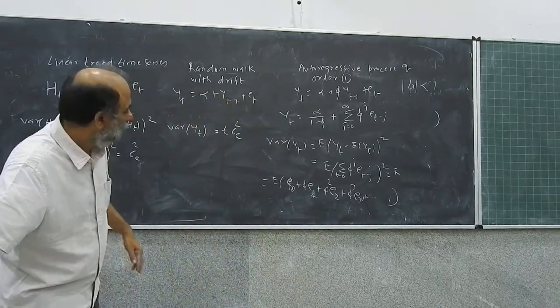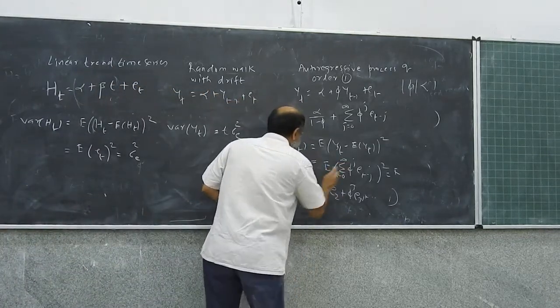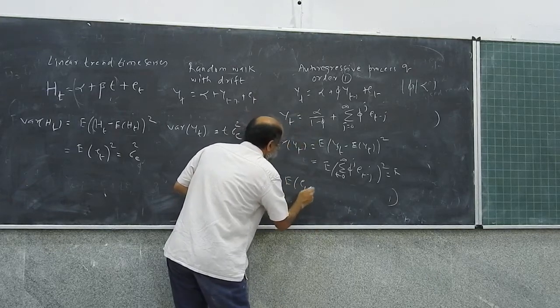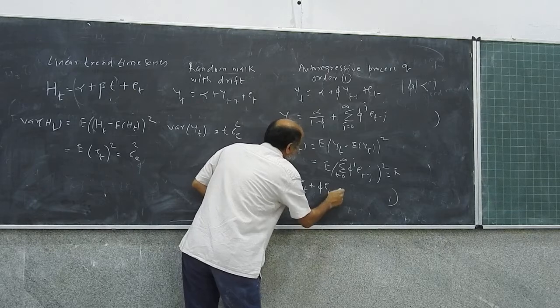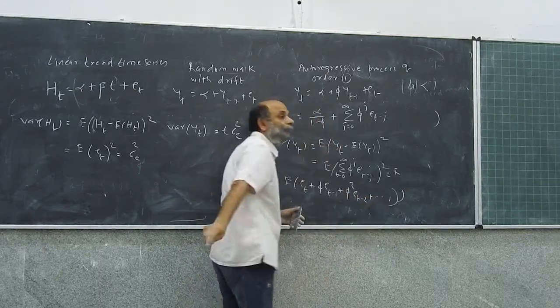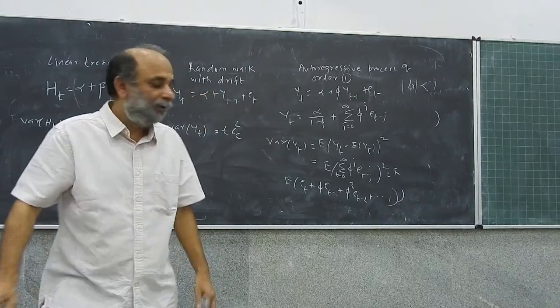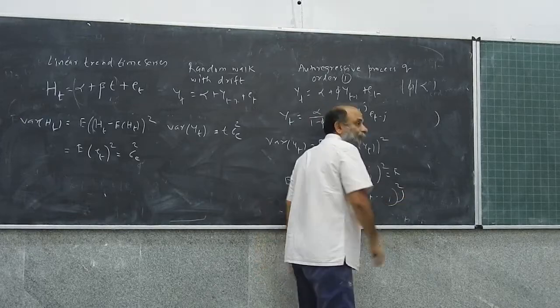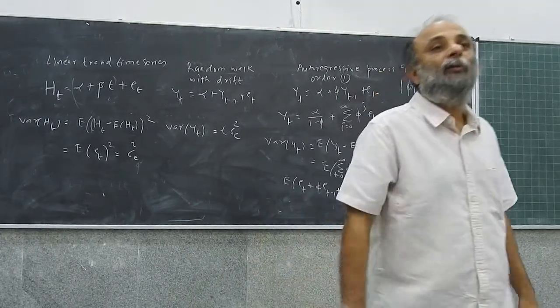Or it will be like this. Yeah? This will be like this. Sure? And the whole square. So what is this value equal to?